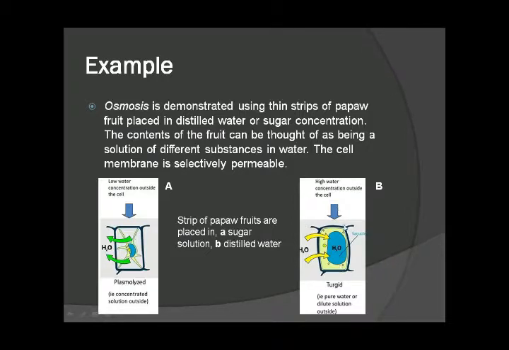With papaw strips in distilled water, the outside has a higher concentration of water molecules and the inside has a lower concentration. So the water particles from outside the cell will move into the cell, from an area of higher concentration to an area of lower concentration, through the selectively permeable membrane.